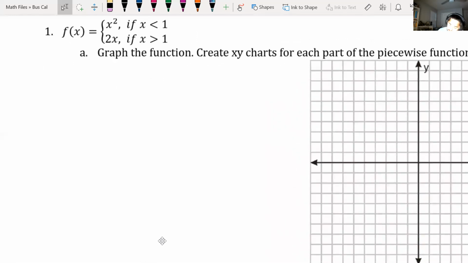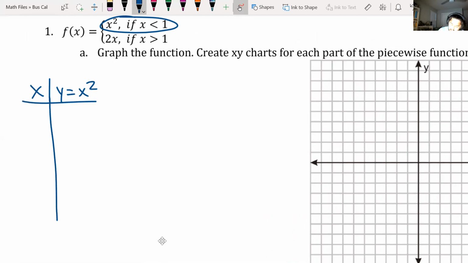So for A, let's go ahead and graph the first function, x squared. But if we're going to graph x squared, we can only pick values that are less than what number? 1. So here we're going to graph x squared. So I'm going to make an XY chart. I'm going to have x and y equals x squared. I'm going to put the restriction right above it.